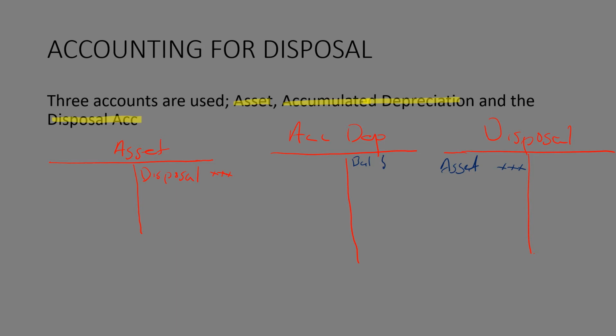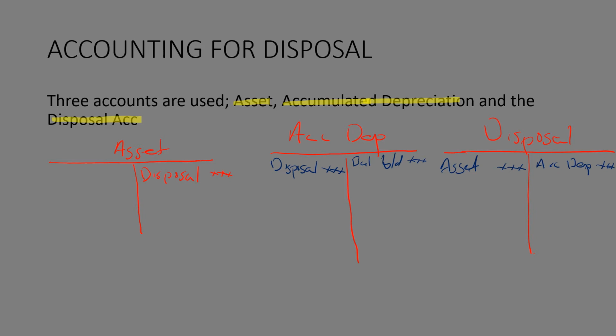So what you do is you debit your accumulated depreciation with disposal, and credit the disposal account with accumulated depreciation. That will be the double entry for that.